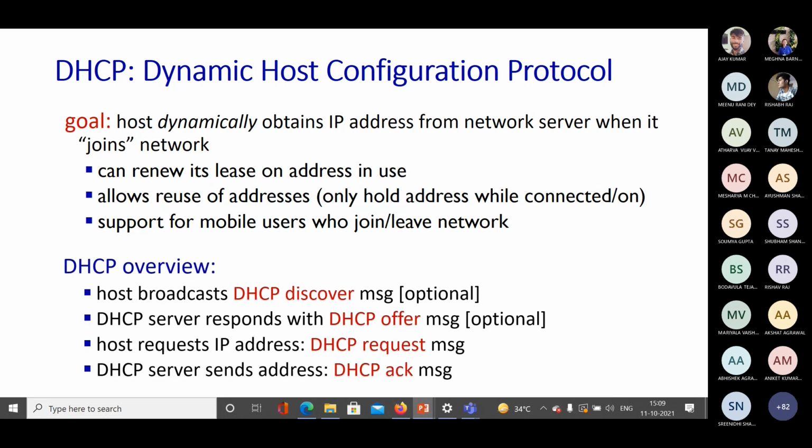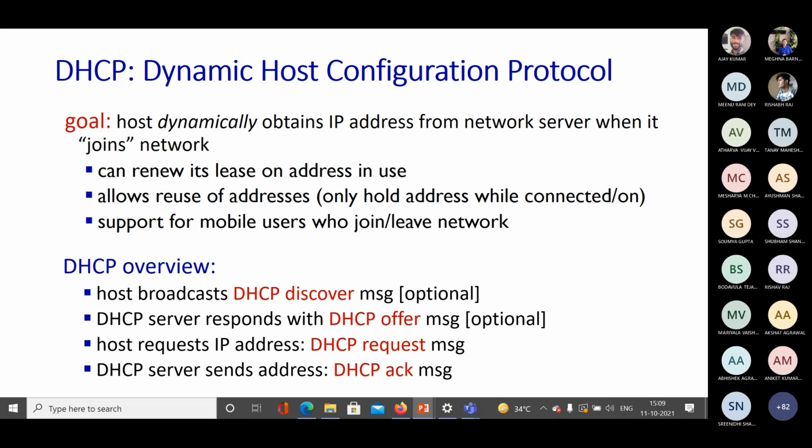Alright. So how does DHCP work? A host basically starts with broadcasting a message which is known as DHCP discover. Okay, so the DHCP discover message is broadcast by the host. Now you can see that the word optional is written here after the two steps.